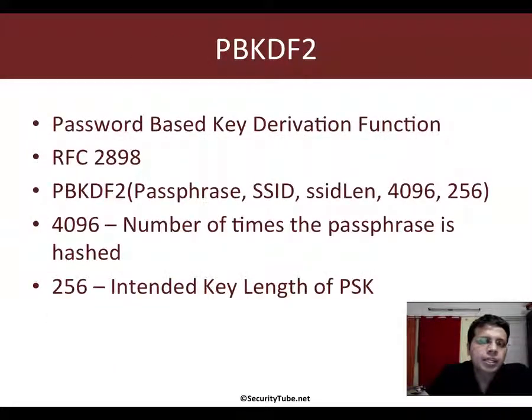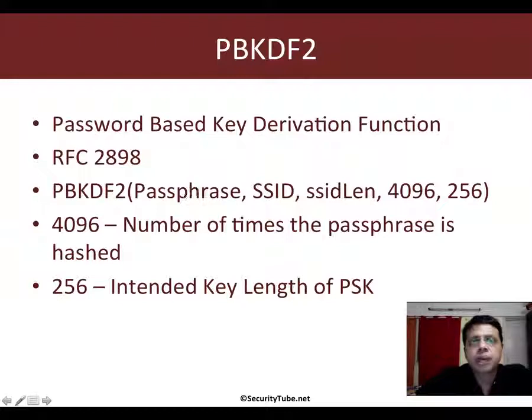PBKDF2 is the password-based key derivation function, and it has been defined in full detail in RFC 2898. I will not get into the exact details of how this hashing function works, but very simply put, it takes in 4 inputs.